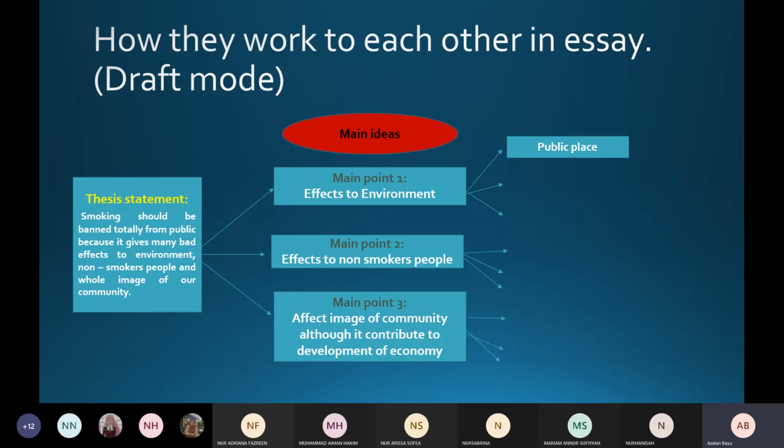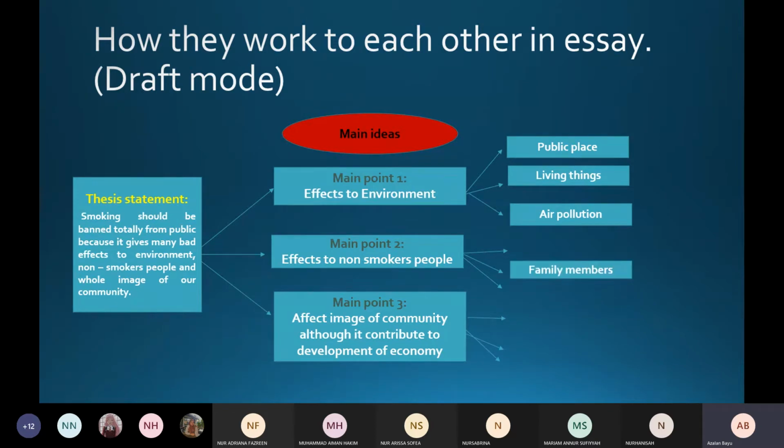So you masukkanlah topic supporting detail. So environment. The keyword here environment. Environment you can refer to public place, you can refer to living thing, benda hidup, you can refer to air pollution. Okay. So 3 benda ni adalah merangkumi bawah environment. Non-smokers people, you can talk about family, you can talk about friend, you can talk about other people, maybe strangers.